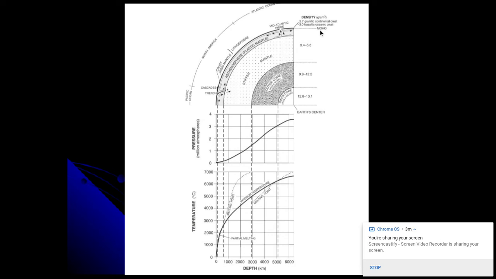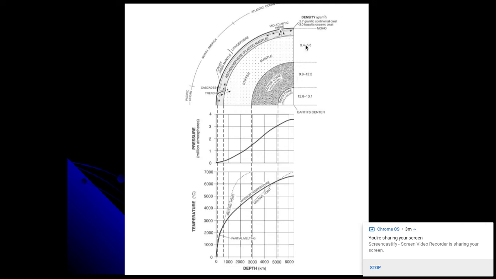Now, if you look here, we're actually looking at Earth's surface all the way down to the center, the inner core. So you'll notice here you've got the crust. Right below the crust is the rigid mantle. Then you have the asthenosphere, which is what we call the plastic mantle, stiffer mantle, outer core, inner core.